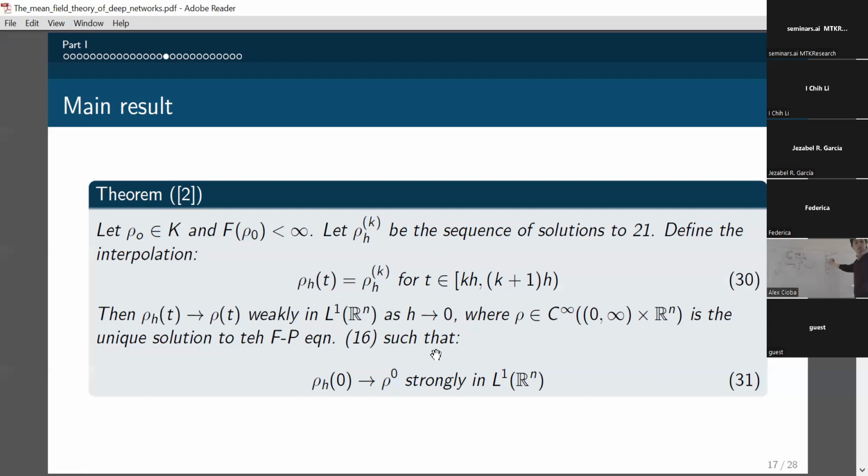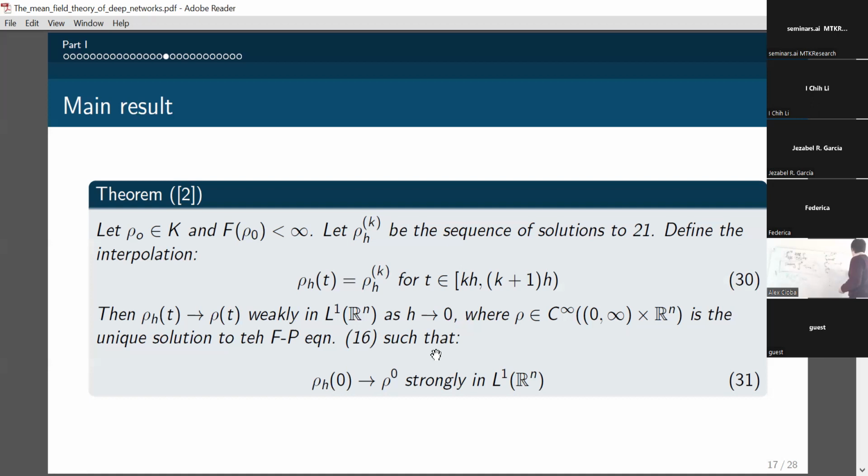So for the initial interval, for t from 0 to h, the interpolated solution is equal to this. From h to 2h, it's equal to this.